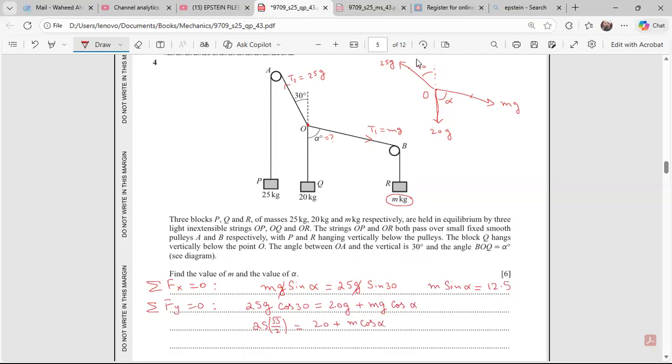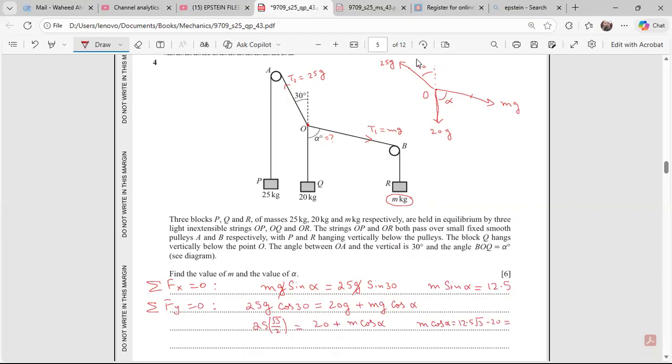From here, we can see that m cos alpha would be equal to 12.5 root 3 minus 20.